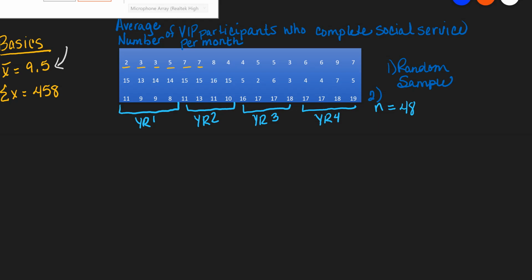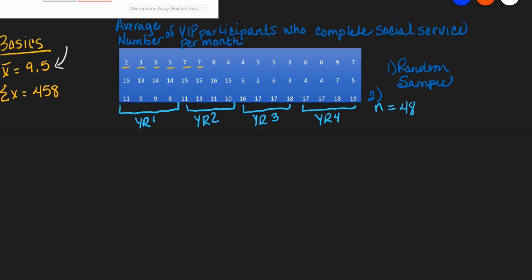I can either work out the sample standard deviation, or I can rely on what I know about the central limit theorem, and I can use the sample standard deviation to represent a population standard deviation. And then I can use the Z critical values to create a confidence interval.